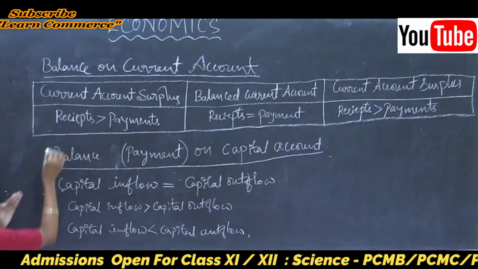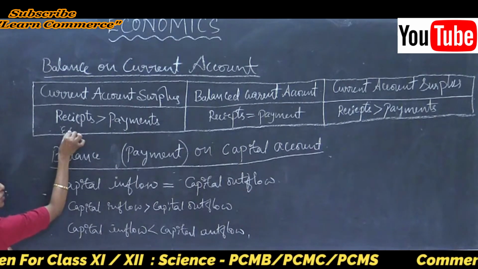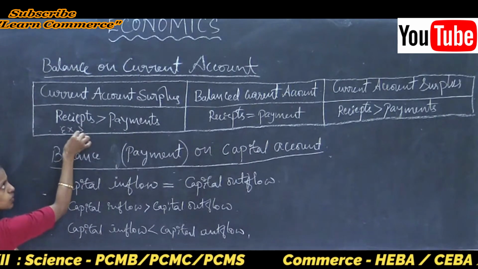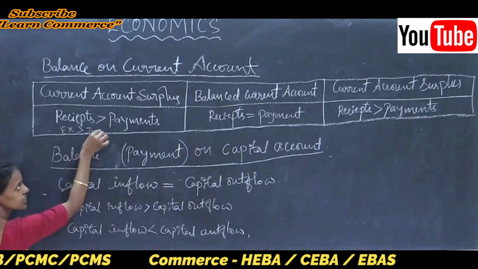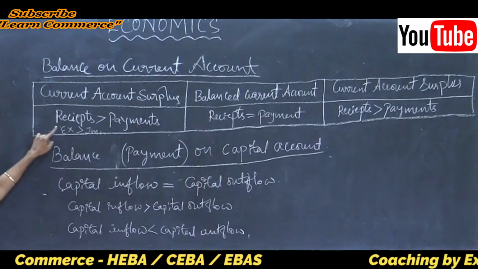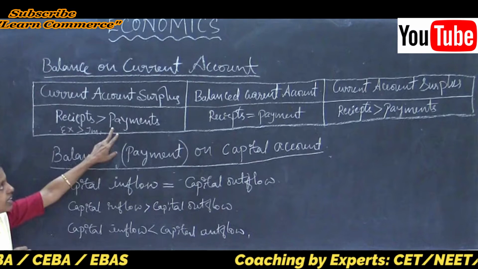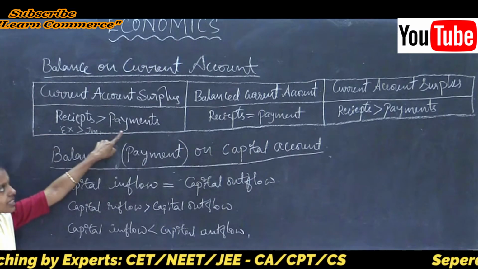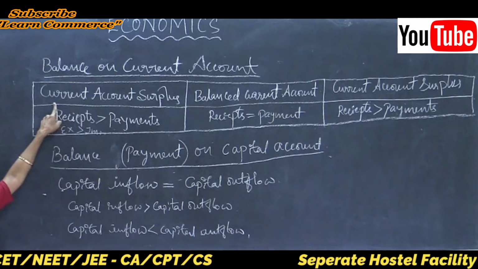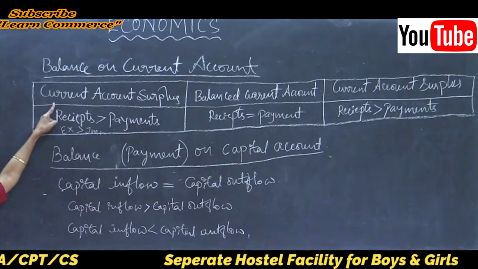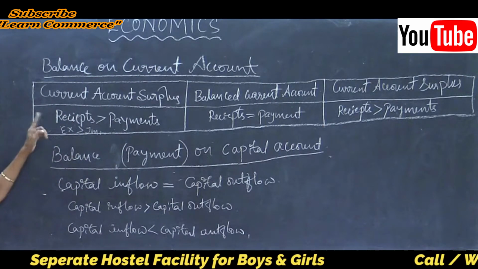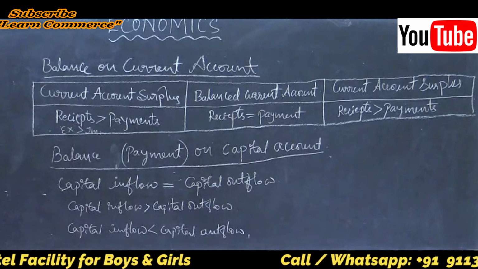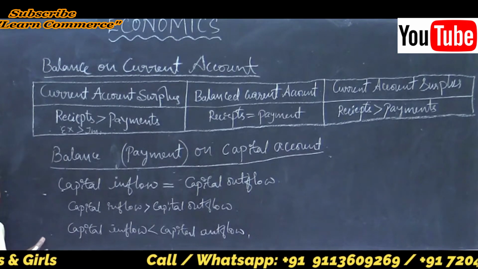When the export of the country is more than the import, it leads to more receipts and fewer payments. If the receipts are greater than the payments, it leads to a surplus balance in trade in current account. It is said to be the current account surplus.